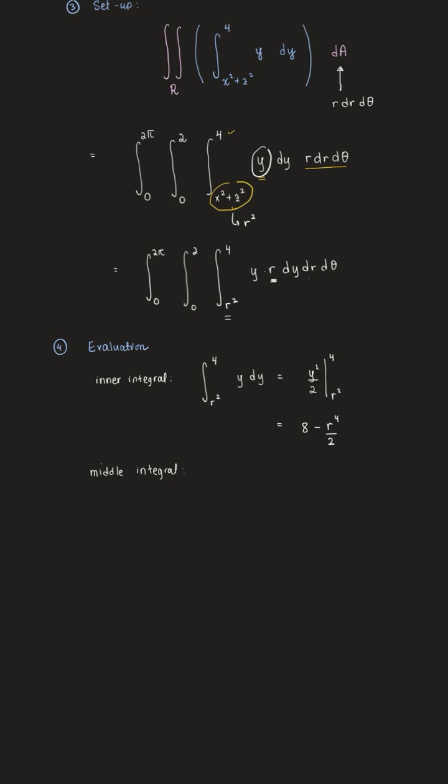So this one's going to be integral from 0 to 2, and I need to multiply this by r because I can't forget this r. So that gives me 8r minus r to the 5th over 2, and we are integrating here with respect to r.